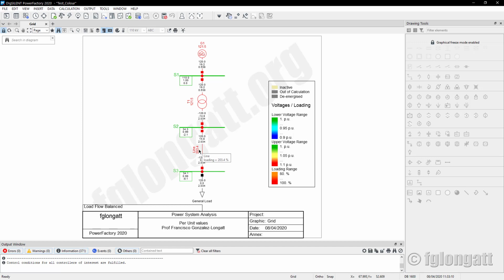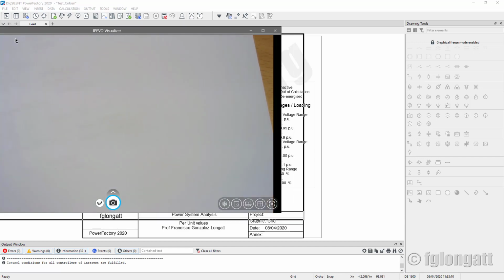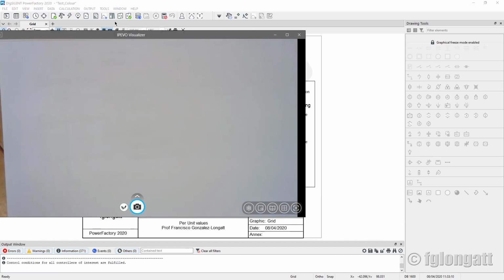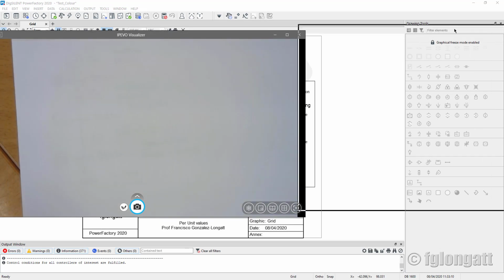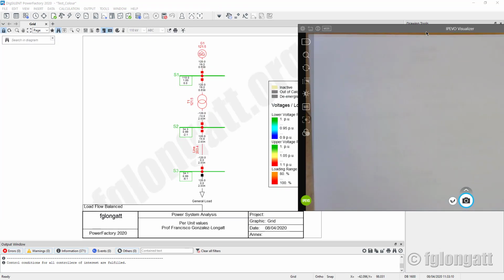Why are other devices showing values like 121.5, and this one is showing 203? Well, it's very simple.